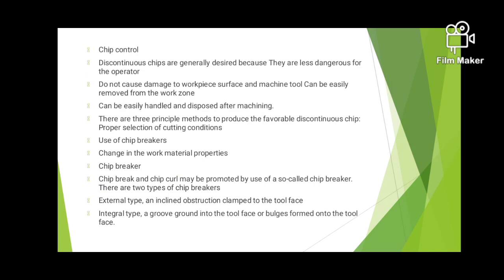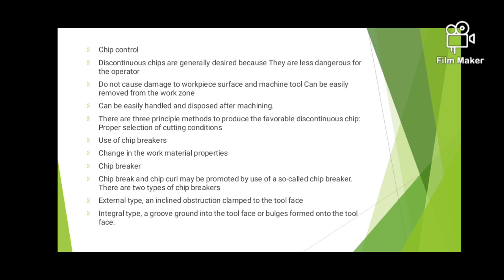Chip control. Discontinuous chips are generally desired because they are less dangerous for the operator, do not cause damage to the workpiece surface and measuring tool, and can be easily removed from the workpiece, easily handled and disposed of after machining. There are three principal methods to produce the favorable discontinuous chip: proper selection of cutting conditions, use of chip breakers, and changes in the work material properties.